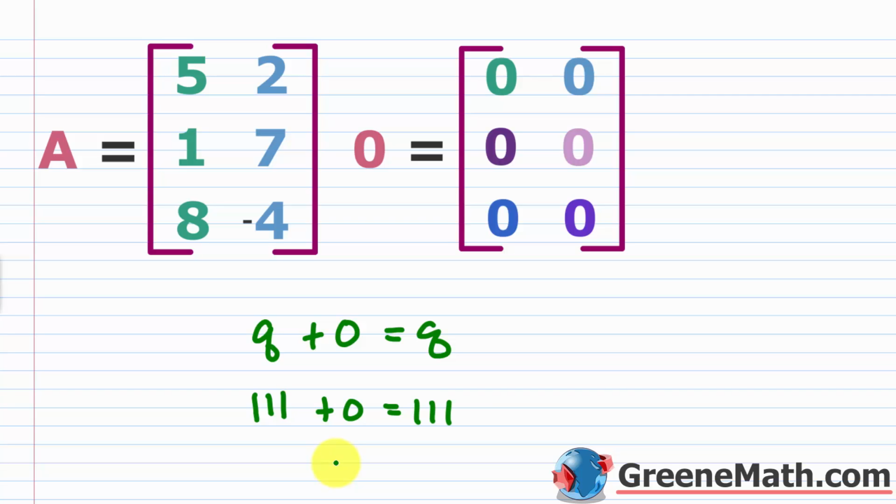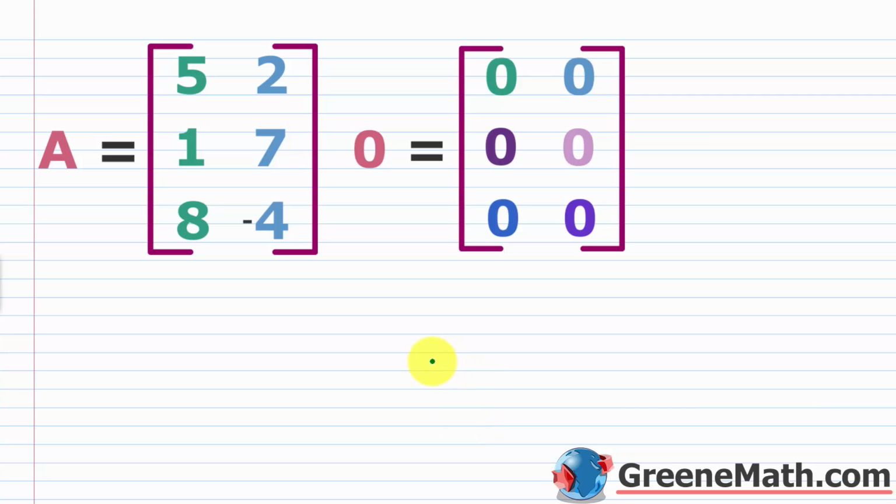So 0 is the additive identity. Well, when we do matrix addition, because a zero matrix only has zeros as its entries, every time you add the zero matrix to another matrix, you just get the original matrix back. So the zero matrix is the additive identity in matrix algebra.